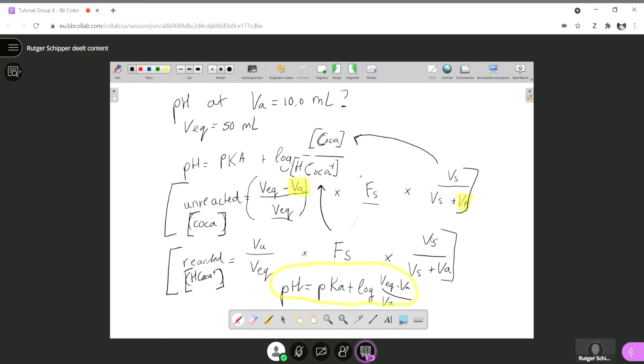So if you got the answer to what the pH is when we add 10 milliliters, just post it in the chat, so I know you are ready with this exercise.